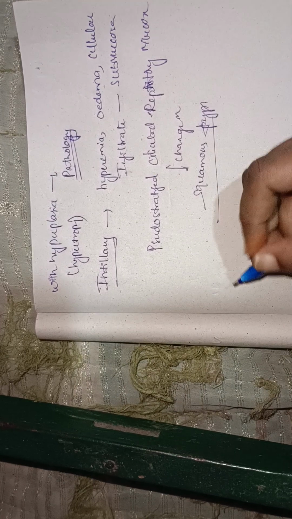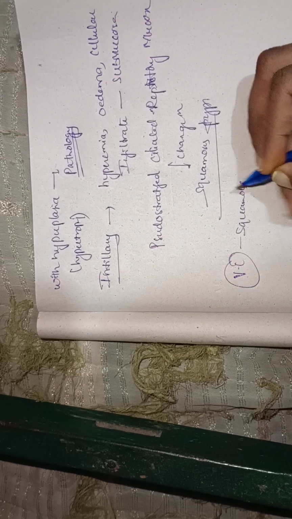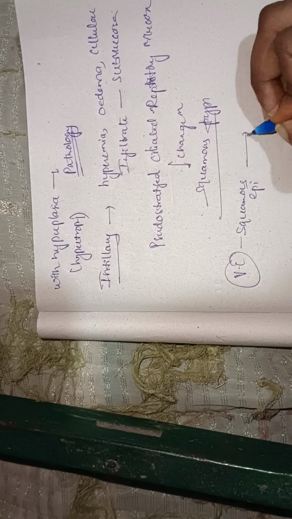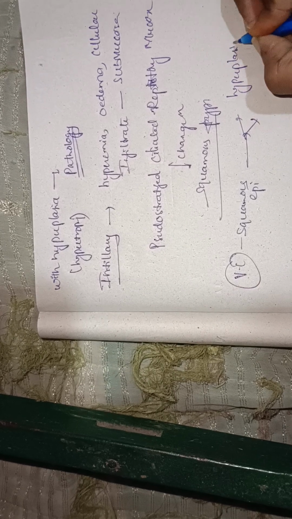This is one of the pathological changes. The squamous epithelium of the vocal cords leads to hyperplasia, and keratinization will occur in the vocal cords.